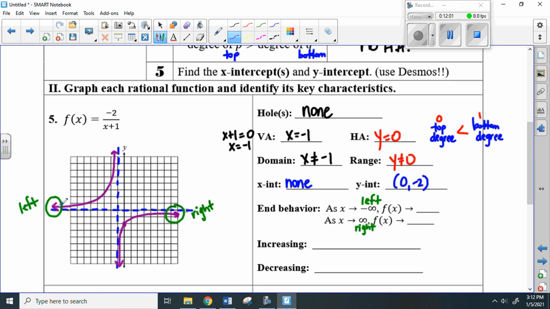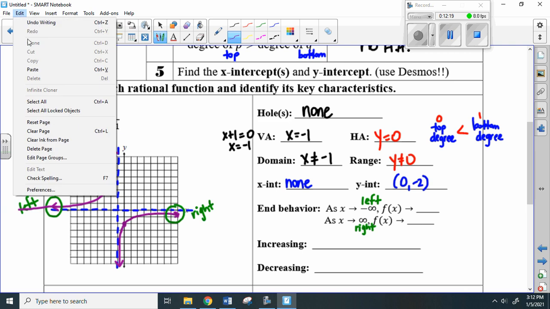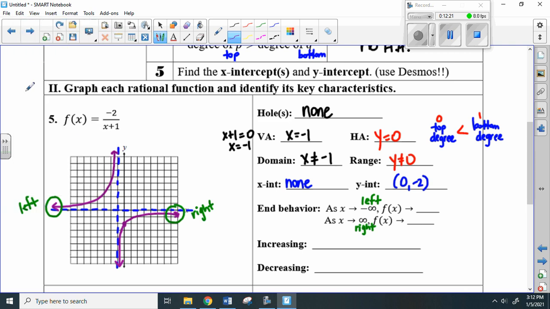But the whole idea that you have to understand is that these will never curve. These will never start going up or down, no matter how far out you look. It will never turn. So this end will stay flat along the asymptote, and the right end will also stay flat along the asymptote.